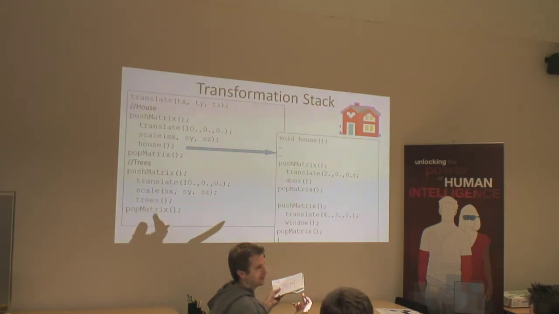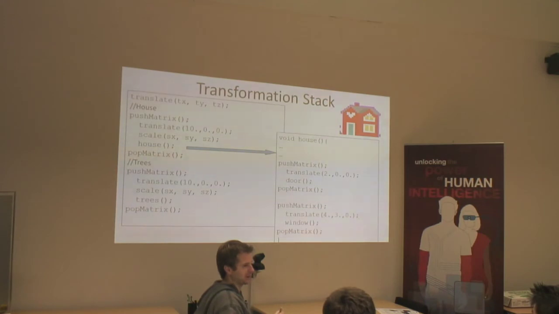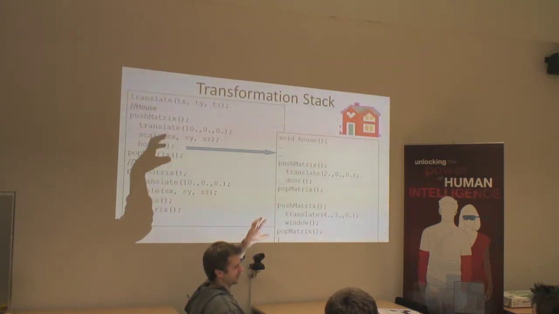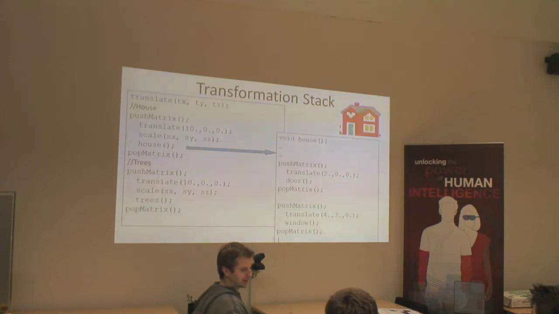But then as soon as you want to add another window, you have to figure out the coordinates on the house for that window and so on and so forth. Whereas if you just basically say, okay, this is what a window looks like, and then when we go to draw it, we'll move the transformation to that point, and then just say, draw a window here. It makes it a lot easier, a lot more flexible.